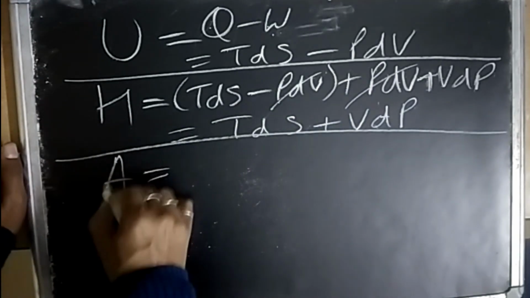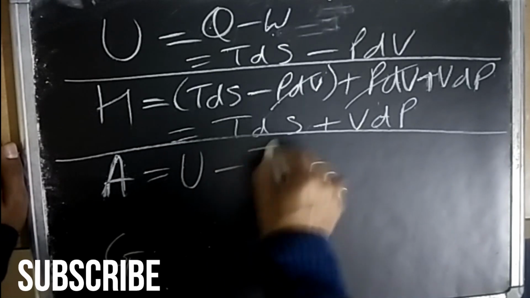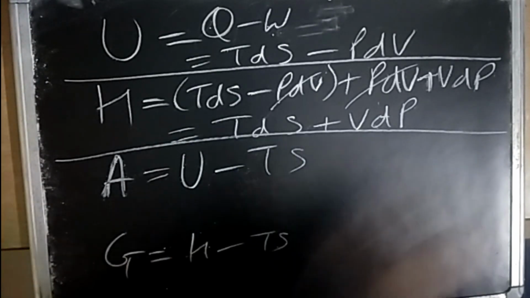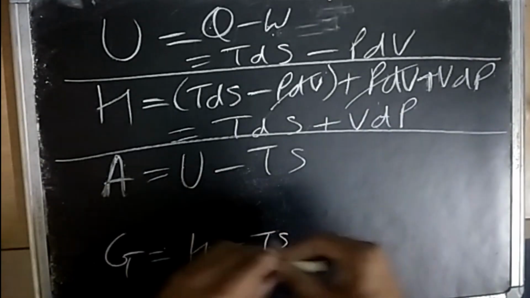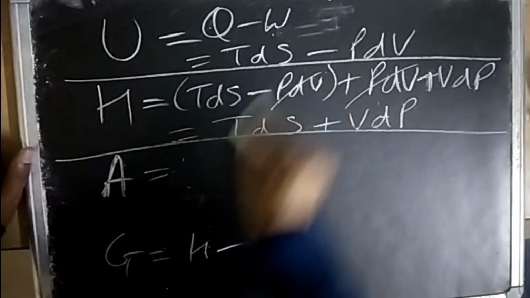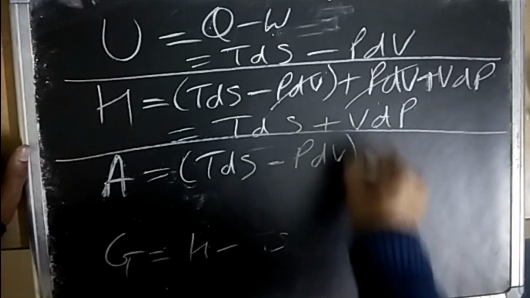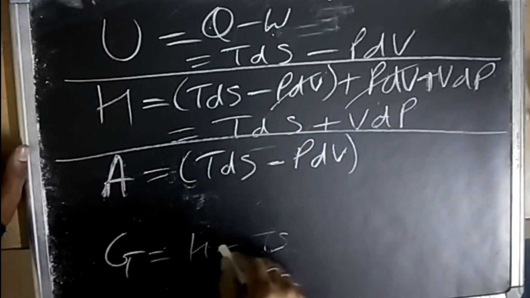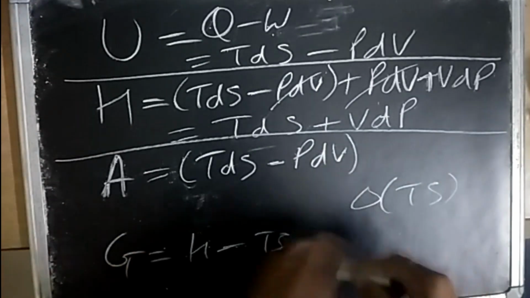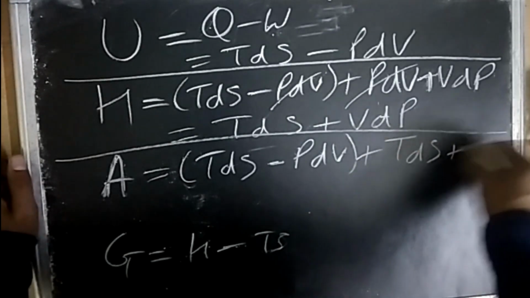Now A is Helmholtz, so this is U minus TS, and G is H minus TS. So for U minus TS, U we already know is TdS minus PdV. Minus the differential of TS, applying the product rule again, is TdS plus SdT.